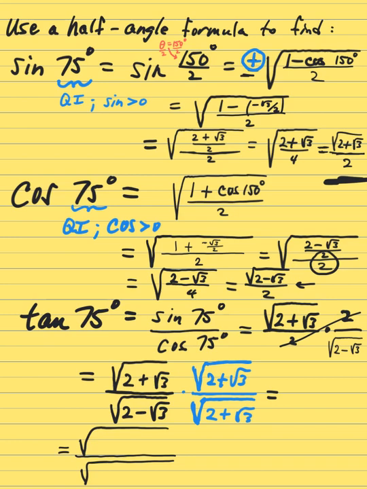Okay. On the top, when we FOIL that square root, FOIL underneath, that's 4 plus outside is 2 square root of 3, inside is 2 square root of 3, for a total of 4 square root of 3. That's the O and the I of FOIL. Last times last, square root of 3 times square root of 3 is 3.